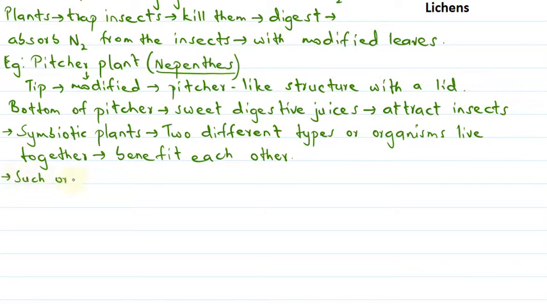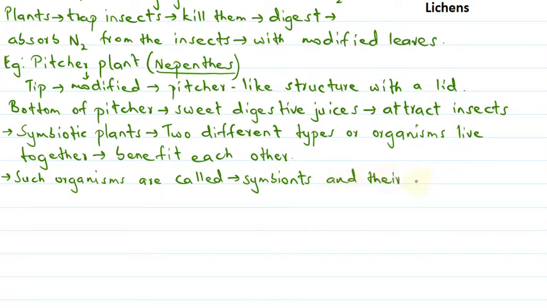Such organisms are called, what are they called? They are called symbionts, and their association is called symbiosis.